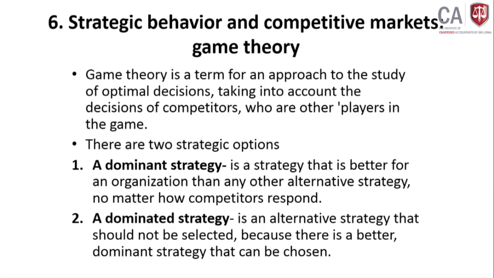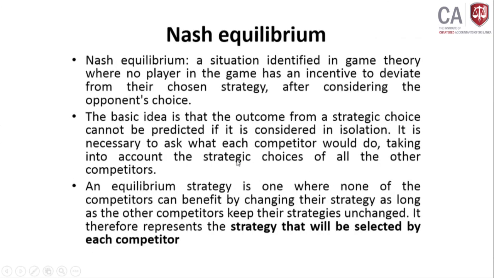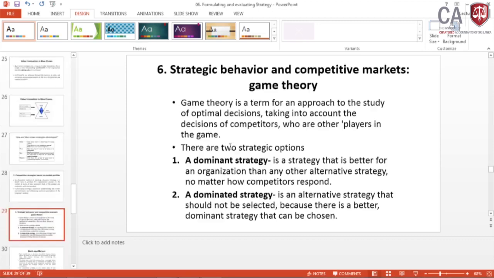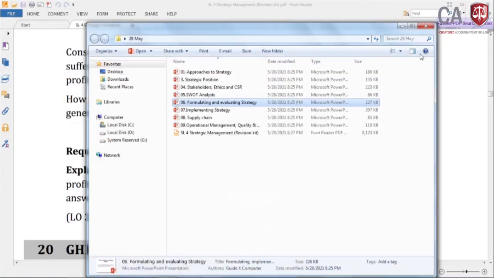Therefore, the dominant strategy is differentiation. The strategy that should not be selected, that is the dominated strategy, is cost leadership. I think the meaning of a dominant strategy and a dominated strategy is clear for you. Right. So, we will look at the question's requirement also.